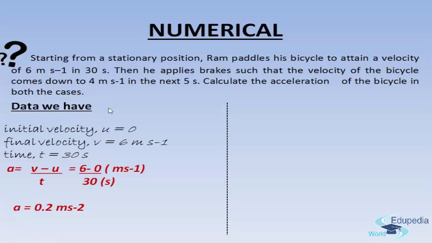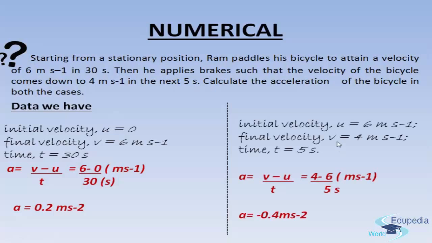In the first case it was accelerating, now in the second case it is decelerating. The time is 5 seconds. Substituting the values in the formula, we get 4 minus 6 divided by 5, which is minus 0.4 meters per second squared. Because we have a minus sign here, this shows it's a negative acceleration.